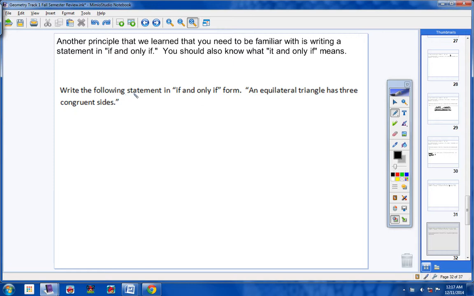Anytime you're writing a statement in if and only if form, you want to start off by writing something is something. For example, an equilateral triangle. So I'm going to say a triangle is equilateral. See how I did that? So I start off by saying something is something.